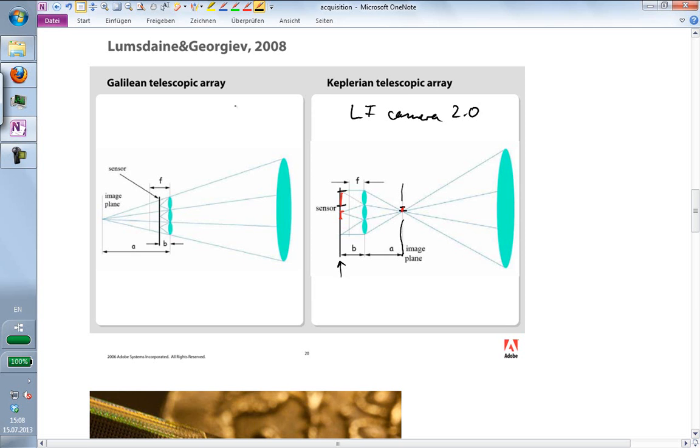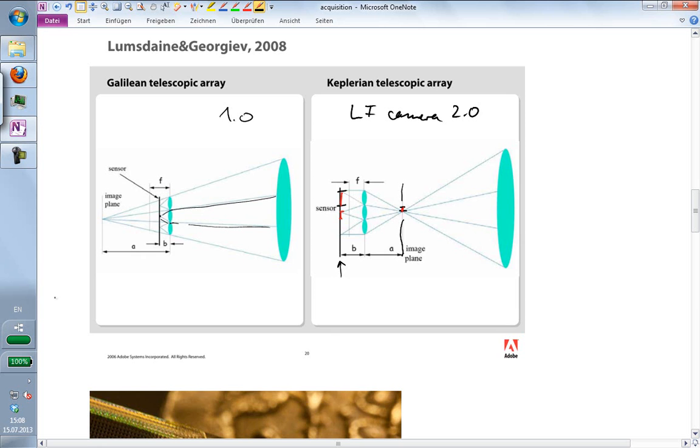And in the more conventional setup, the micro lenses are arranged such that a single pixel maps to infinity, or here to one part of the entire lens.